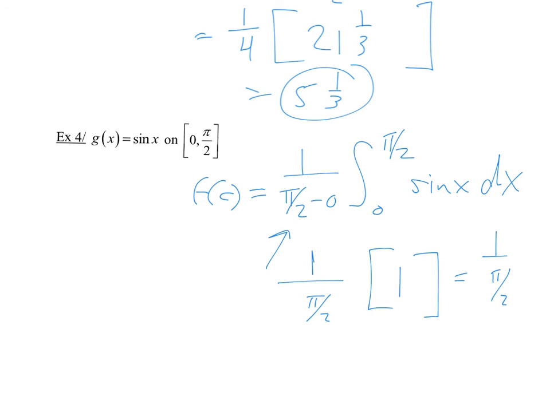When you divide by a fraction, that's like multiplying by a reciprocal. So the answer here will actually be 2 over pi, which if you put that in your calculator, you would get 0.6366.